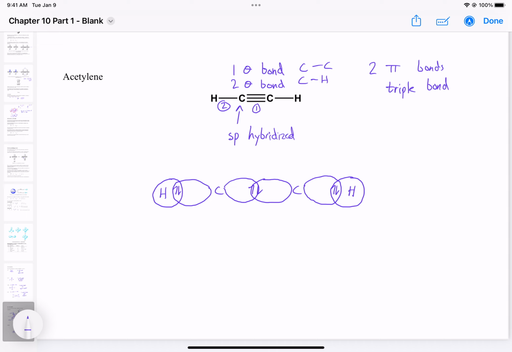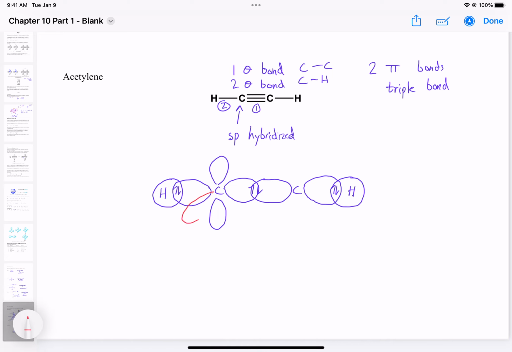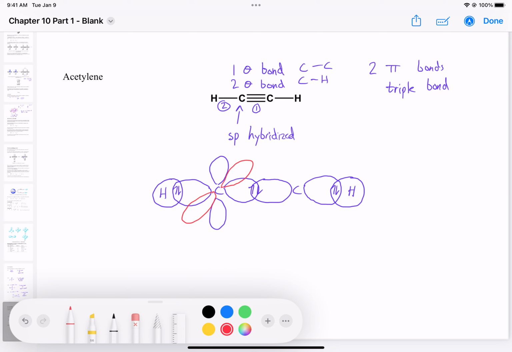So now the rest of the bonds are going to be p orbitals. So there's going to be 1 set along the y-axis, and then 1 set along the x-axis. So we could draw them in 2 different colors here. It's going to be another set pointing out perpendicular to the first set of p orbitals.